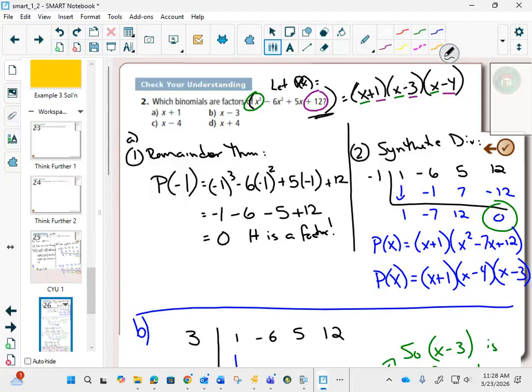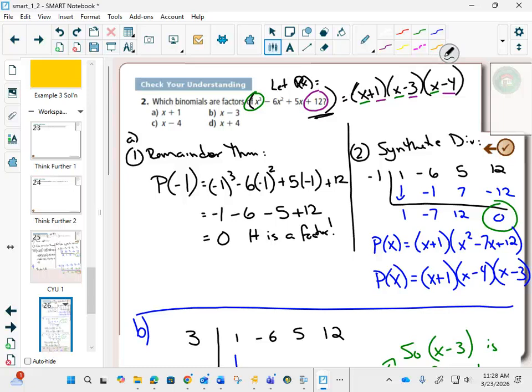You're going to look at that 12 and say, if something works, then these last numbers have to multiply to get 12. How many options are there? 1 and 12, minus 1 and 12. 2 and 6, 3 and 4, and positive and negative for both of them, because it could alternate signs all the way through. Usually people start with the small numbers.